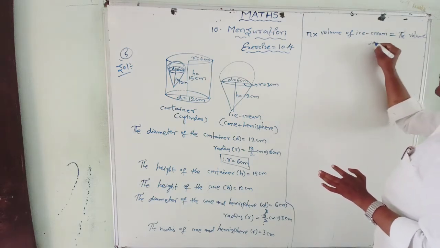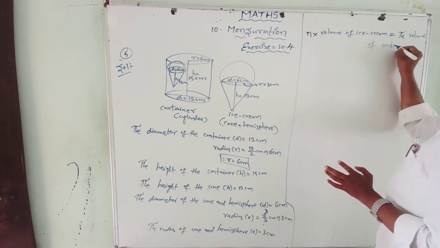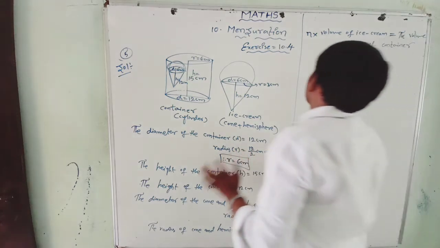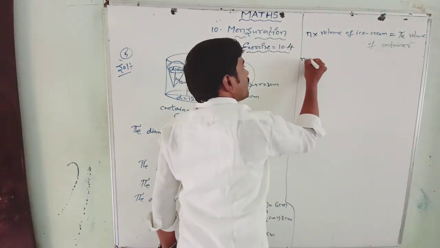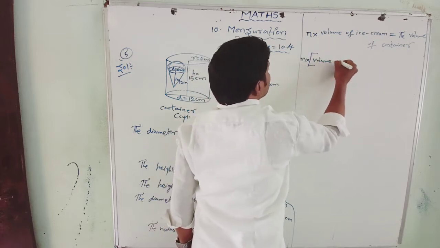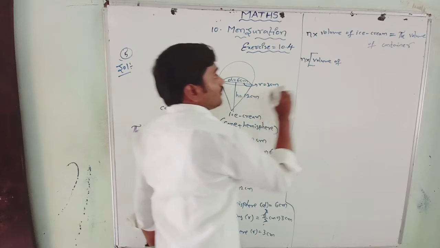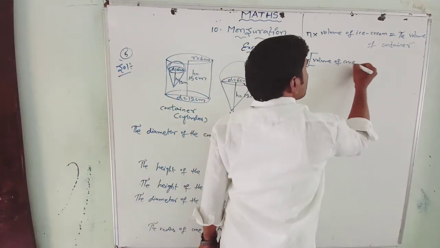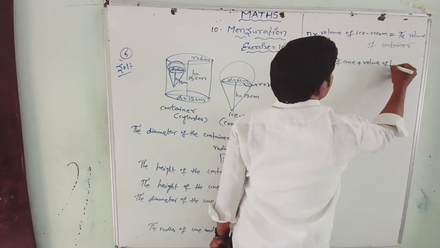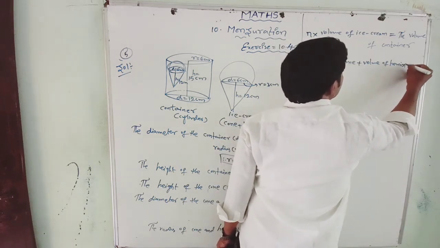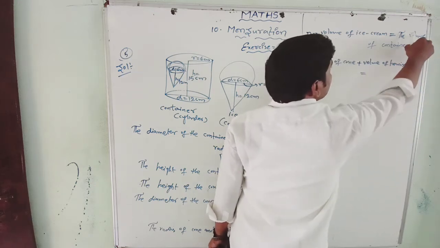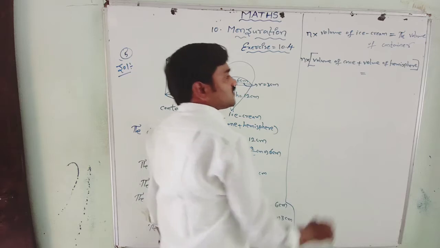The volume of container. So now we write n into volume of cone plus volume of hemisphere equal to the volume of container, that is volume of cylinder.